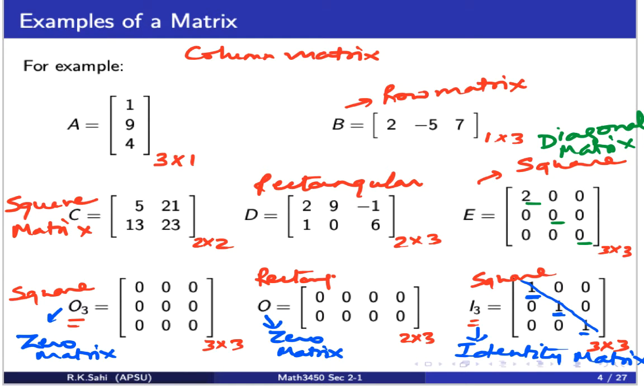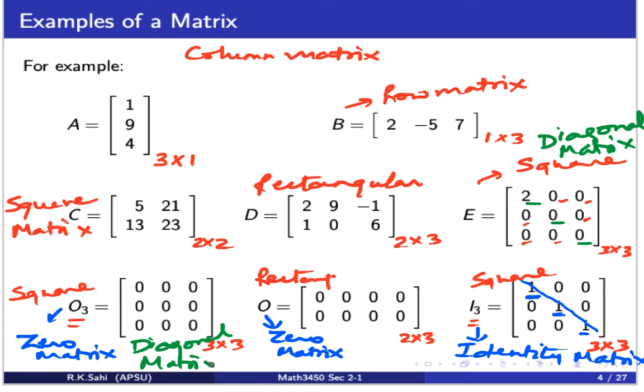The reason is that every non-diagonal element, notice this, is a 0. So in that sense, O3 also is a diagonal matrix, because every element is a 0, so it doesn't matter; it is a diagonal matrix because every non-diagonal entry is a 0.